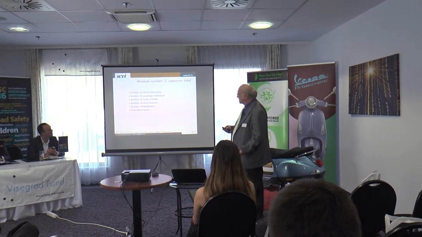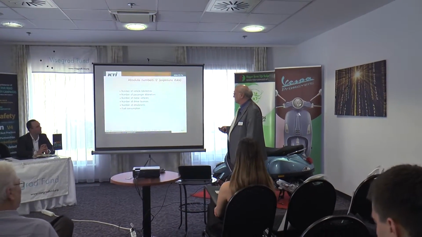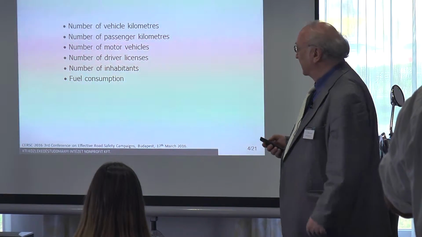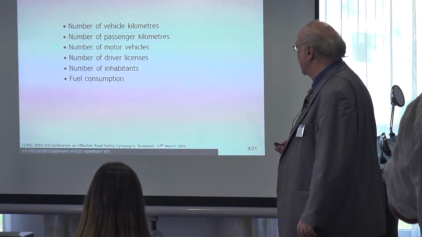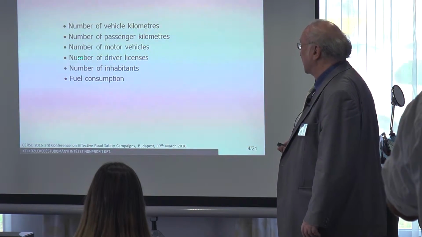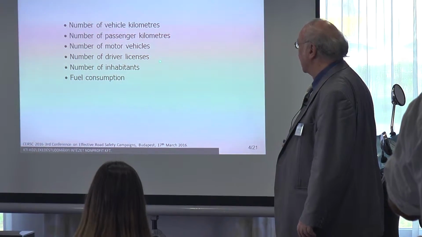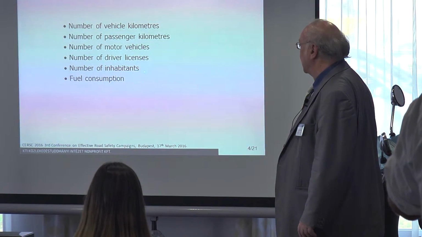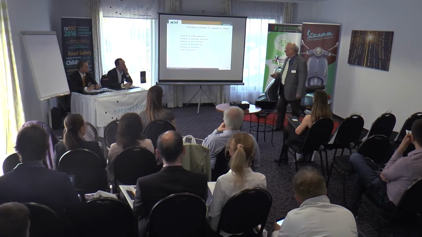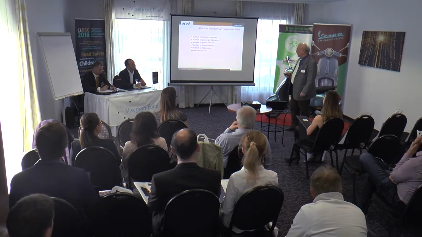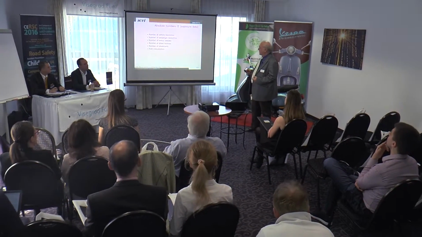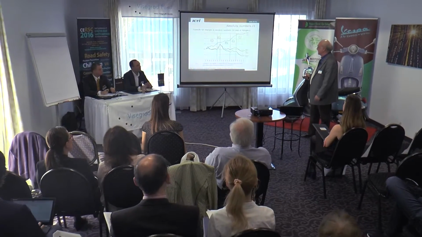The second best, or also a very good indicator, depends on the aim of the analysis: number of passenger kilometers, then the number of motor vehicles, number of driving licenses, and number of inhabitants. And maybe the fuel consumption can also be used to assess the number of vehicle kilometers, but we need a very complicated algorithm for this.